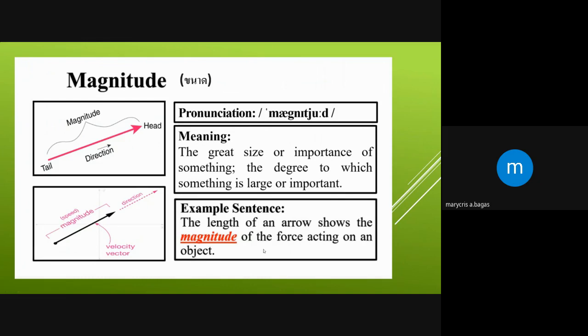So, look at the arrow. You can see the tail, direction, and head of the arrow. So we call this one magnitude. The longer the arrow, the higher the magnitude, or the greater the magnitude.